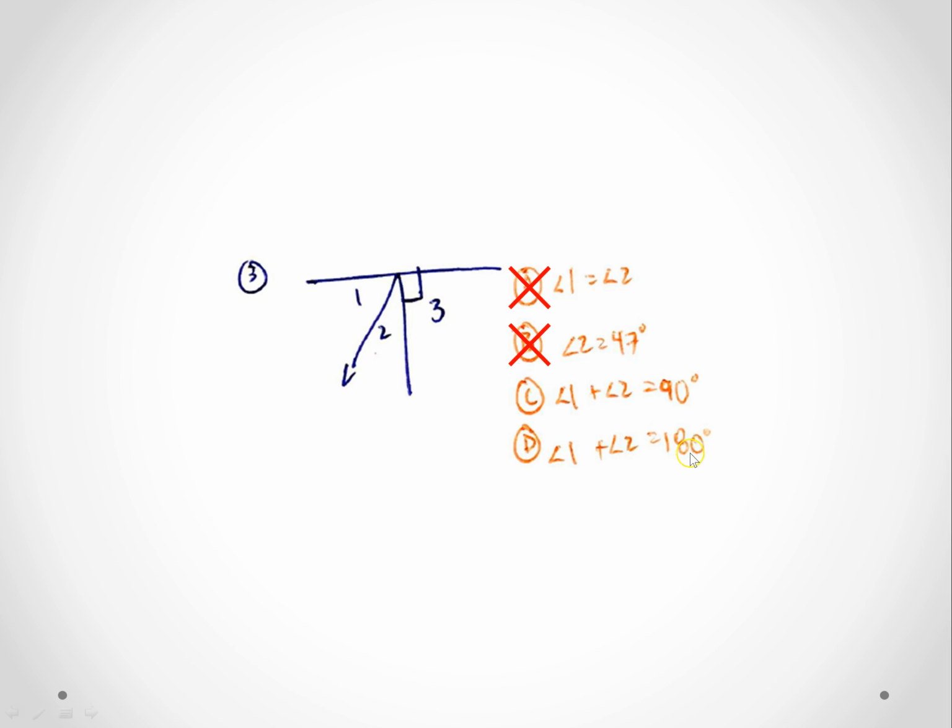It says angle 1 plus angle 2 is equal to 180, which would be a complete straight line. And we see in this diagram that angle 1 plus angle 2 make a right angle, which is not a straight line, so it cannot be D. In fact, they have to equal 90 degrees, as noted at the beginning of this question, because 1, 2, and 3 together, when added, make 180.